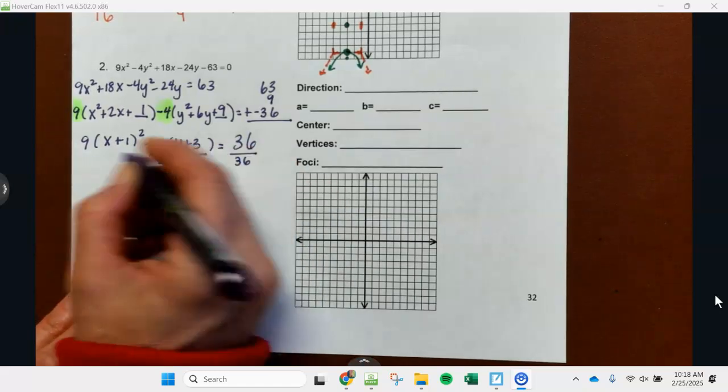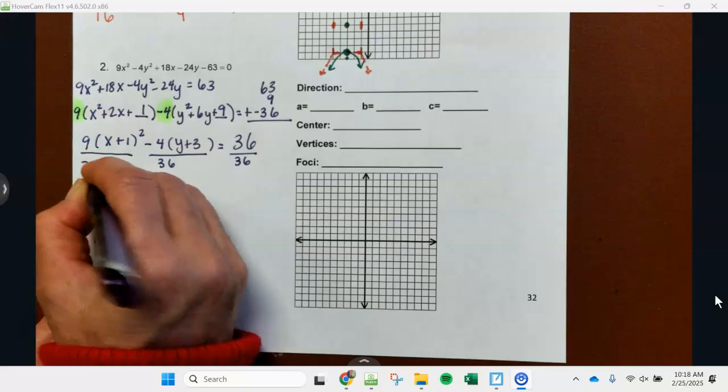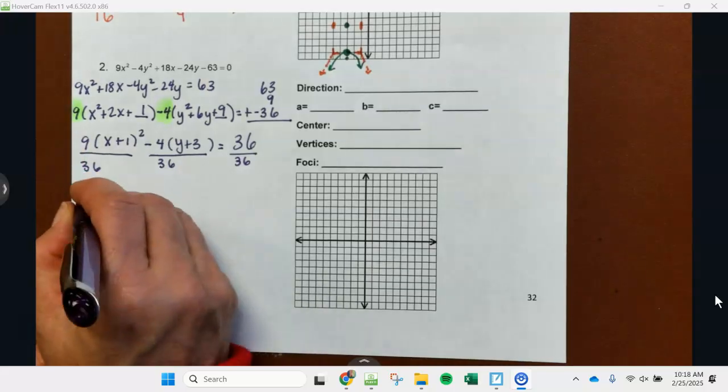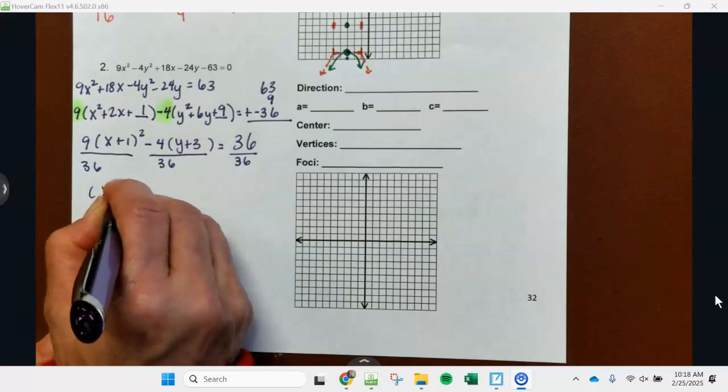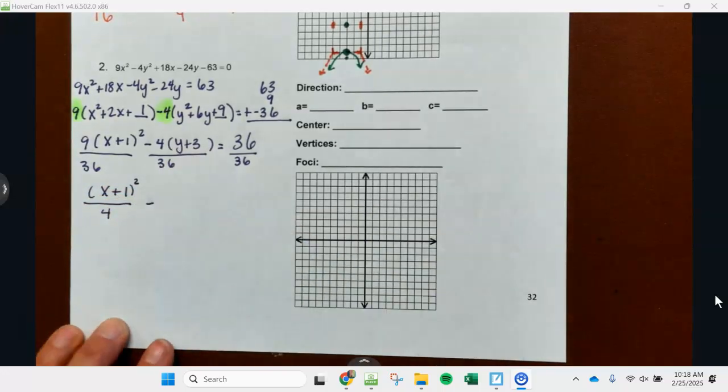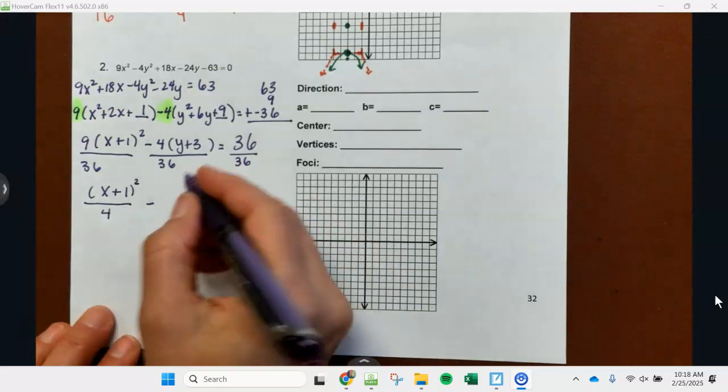So the good news is none of the signs are going to change. And we don't even have to rearrange anything because x is positive and it's exactly where it needs to be. 9 over 36, y'all, that's 1/4. 4 over 36 is 1/9.